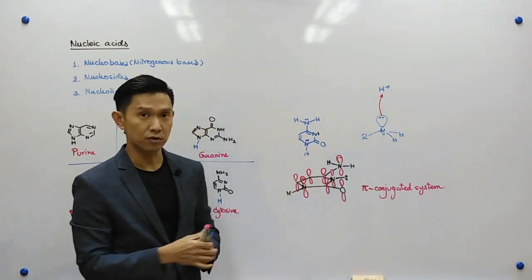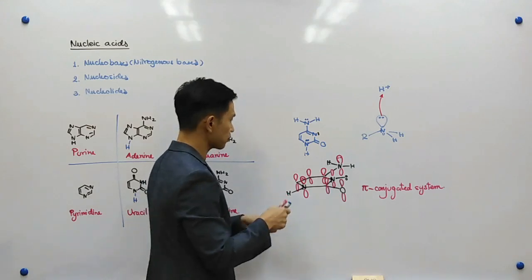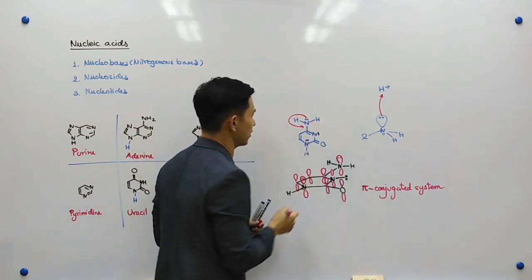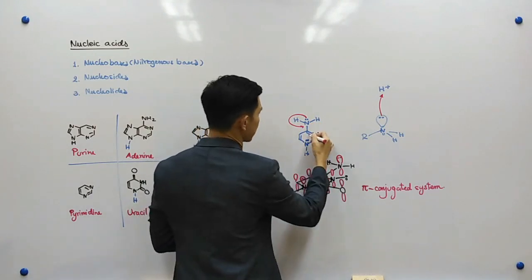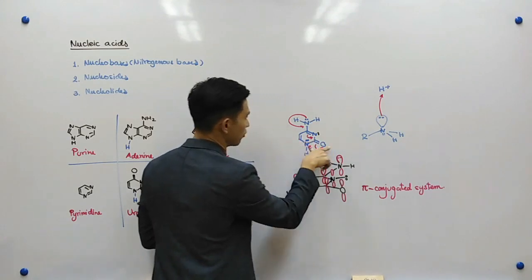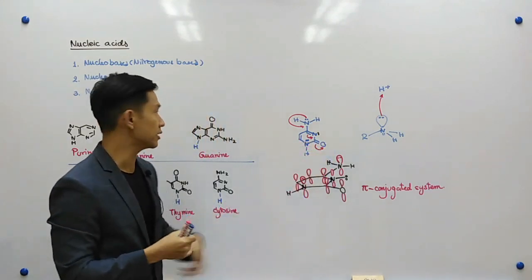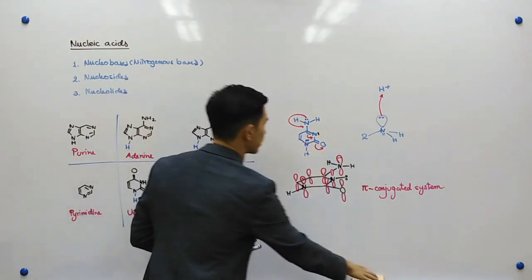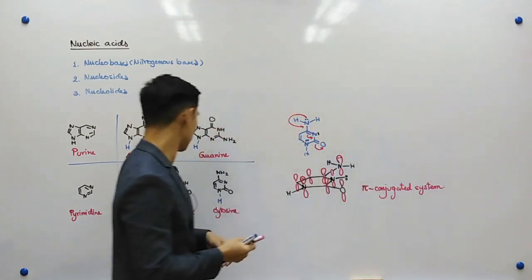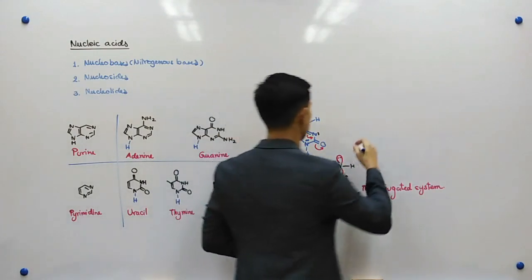So let me draw some resonance structures of this. Let's say I move the electron pair over here, making a double bond over here. The double bond here can move along, and the electron pair, the double bond here, can move up to the oxygen atom. As you can see, everything can move. So one of the resonance structures of this molecule, cytosine, can be drawn like this.